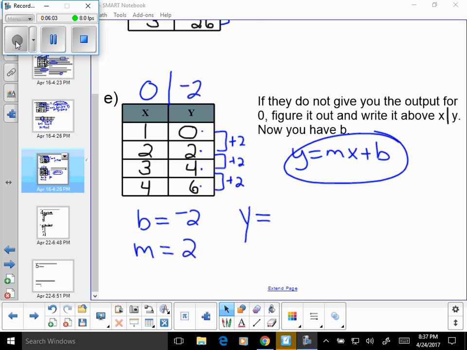Go over it and over it and over it until you know it. M, substitute. M is 2, 2 times x. Now, remember, when b is negative, I subtract it. So y equals 2x minus 2.